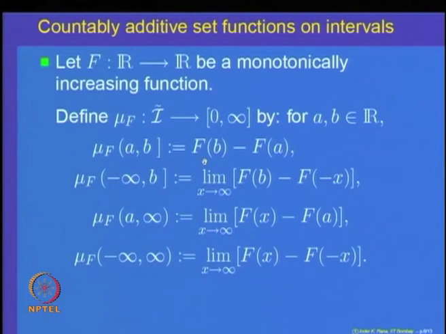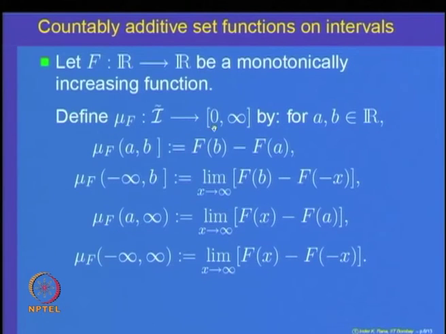Now, note that this is a generalization of the length function. If f is the identity function, namely f of x is equal to x, which is a monotonically increasing function, then this is nothing but b minus a. So, mu of (a, b] is nothing but b minus a. So, this mu f is nothing but the length function when f is the identity.